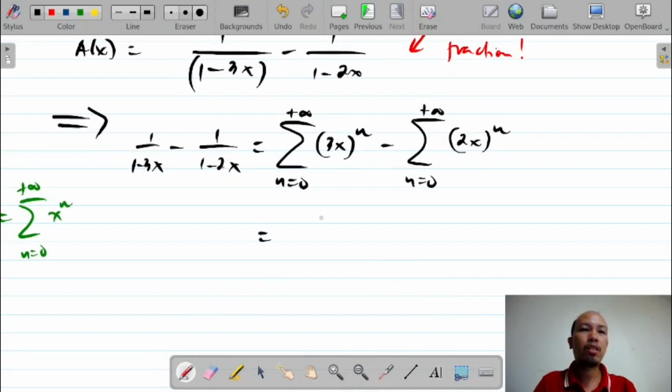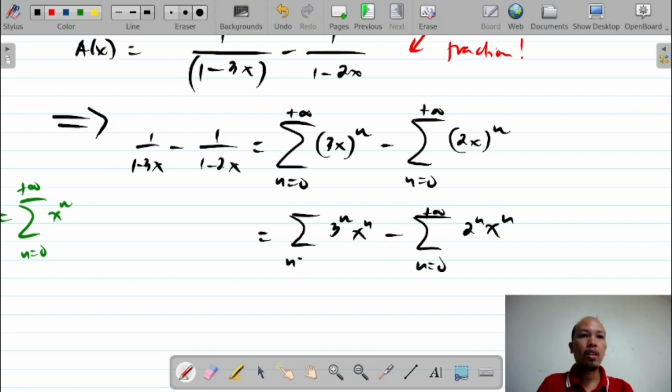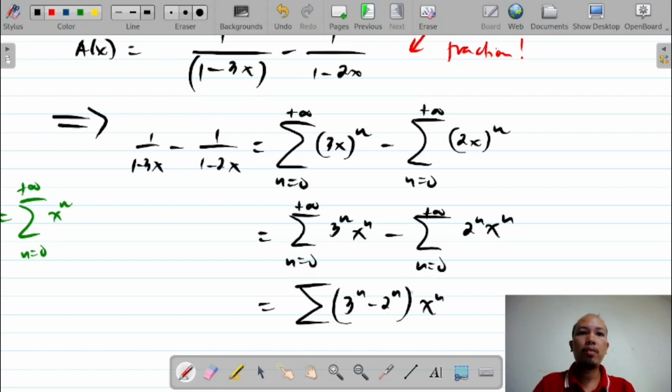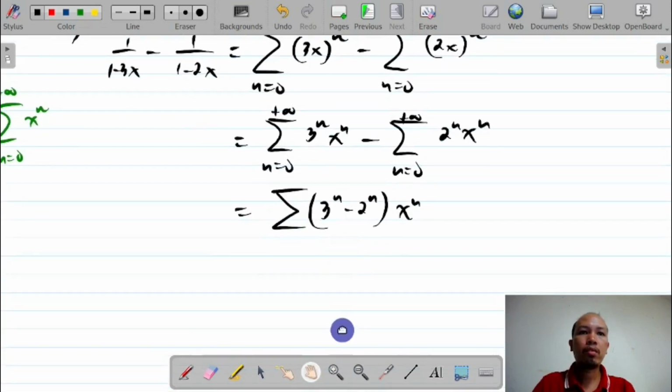This is the summation of 3 to the n x to the n minus the summation of 2 to the n x to the n, and combined we have 3 to the n minus 2 to the n, x to the n, starts from 0 to positive infinity.